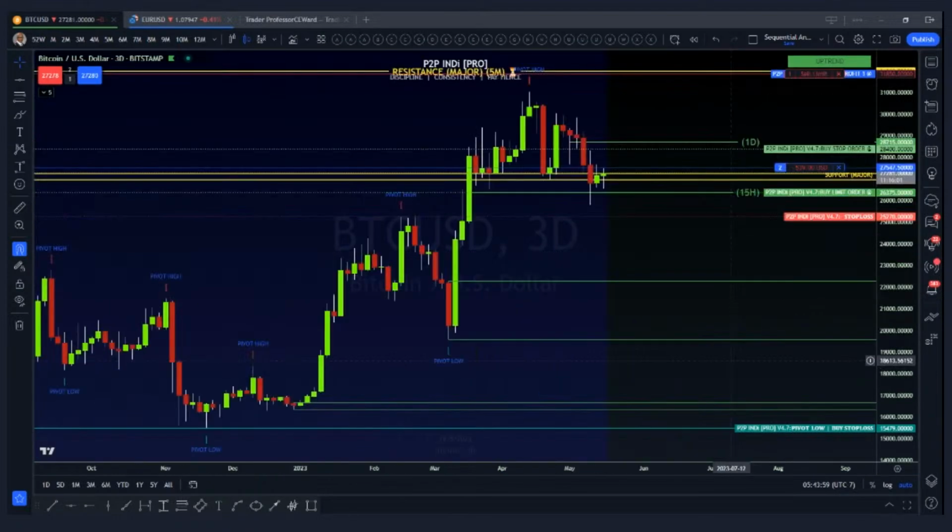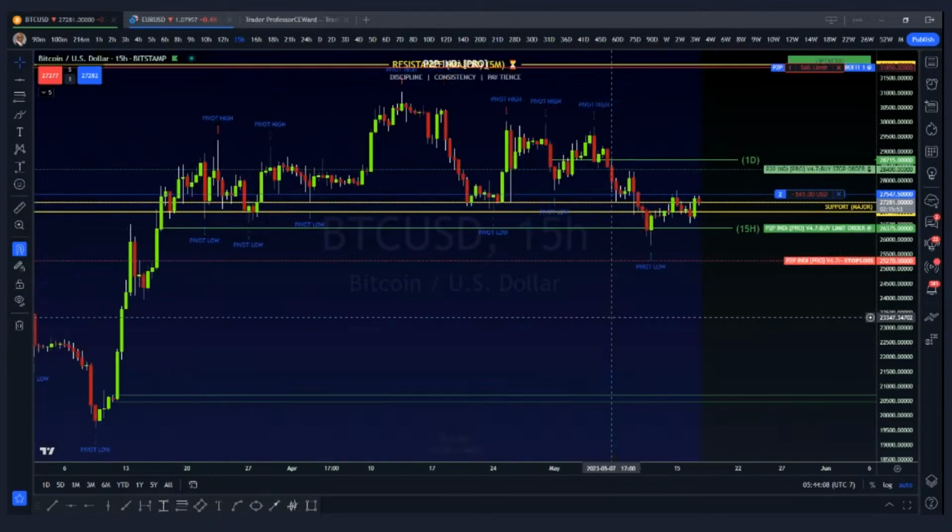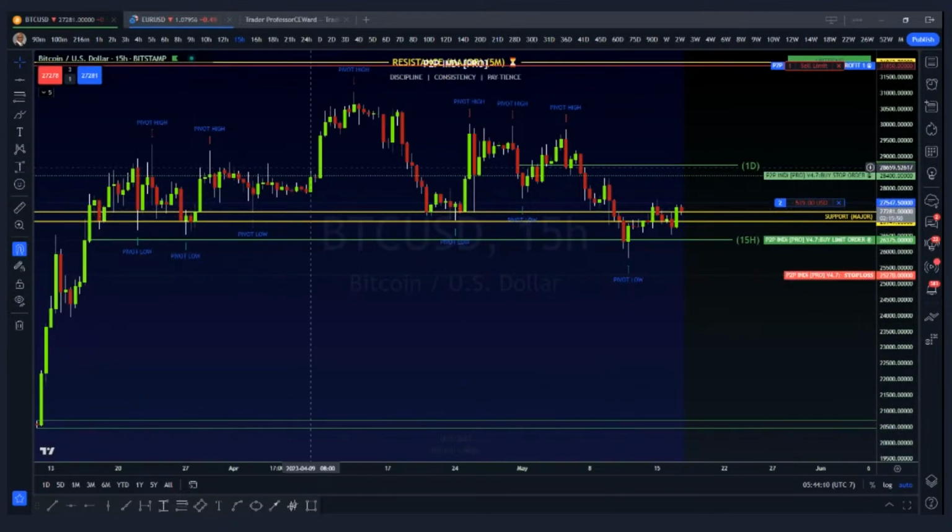Bitcoin, let's see here. So I don't know if you guys remember, but a while back, when I think the market hadn't even gone up yet, we had placed two of these orders here, and we were in the middle of both of them. And I told you guys they had a trap down here on Bitcoin on the 15-hour. Look at what happened. I told you. And now both of our orders are triggered.